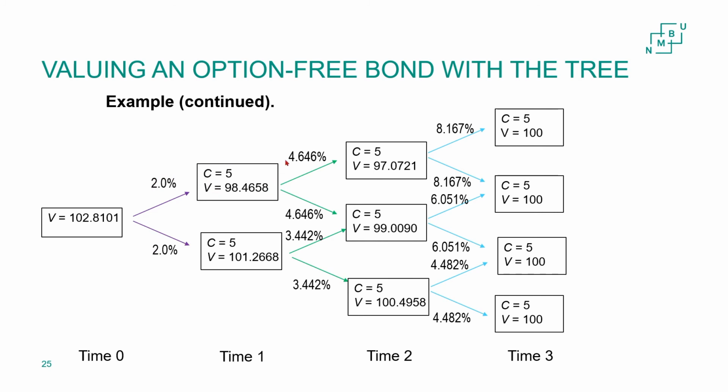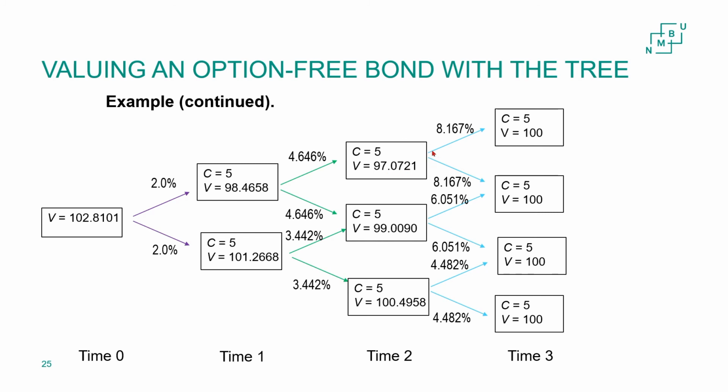Here it's 4.6%, then it went up again to 8.167%. And we took the time 3 cash flow and discounted until time 2, okay, to get the time 2 present value.